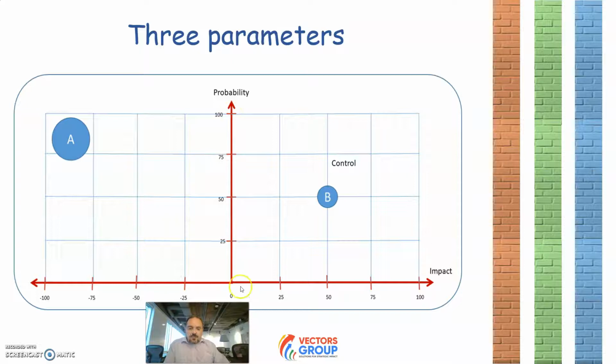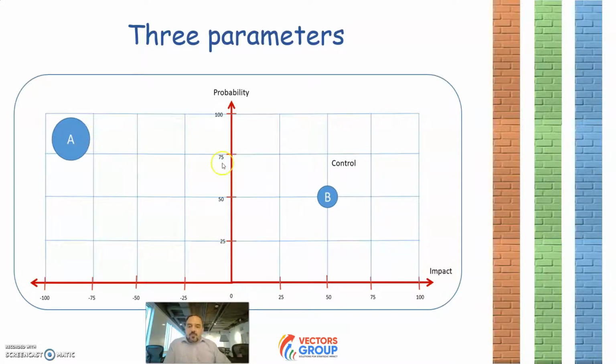And at the horizontal axis, we have the impact. As you can see, there are positive and negative numbers here, because risk has positive and negative components. So some risks, also opportunities, can have positive impact in your organization, and some others may have negative impact.